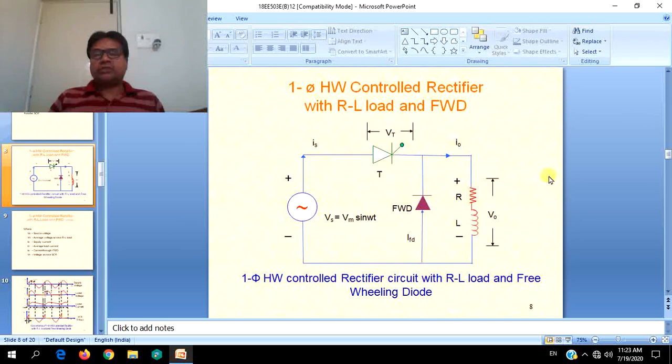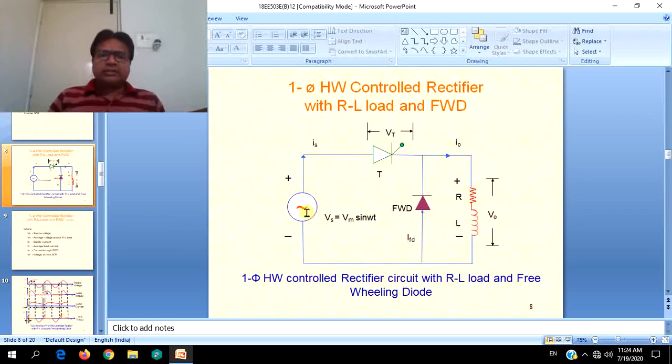But voltage was negative. In this case, what happens? We shall see. At angle pi, that is 180 degrees, the SCR should be turned off. How it happens, we will see.